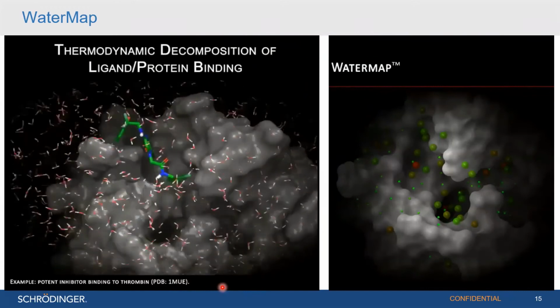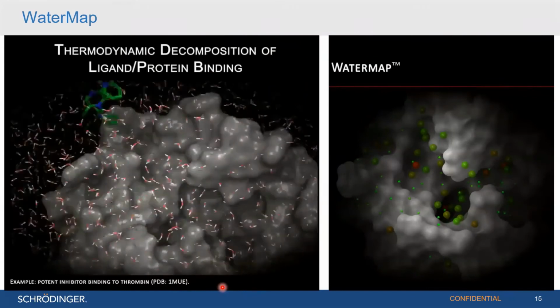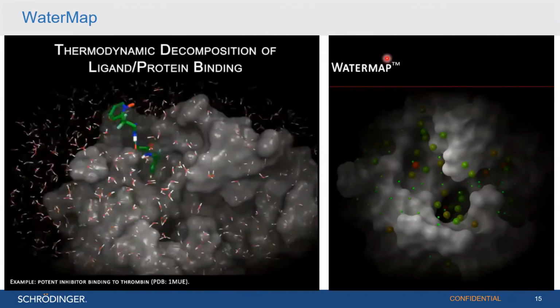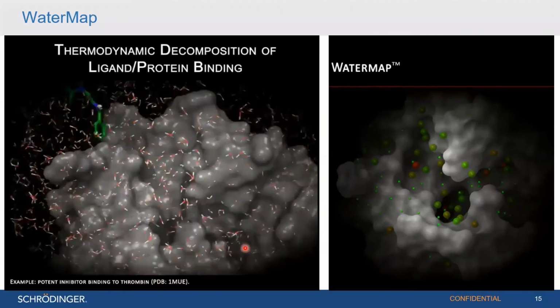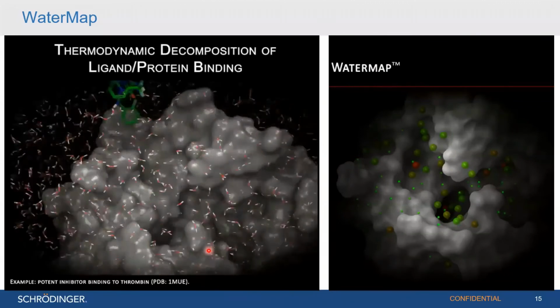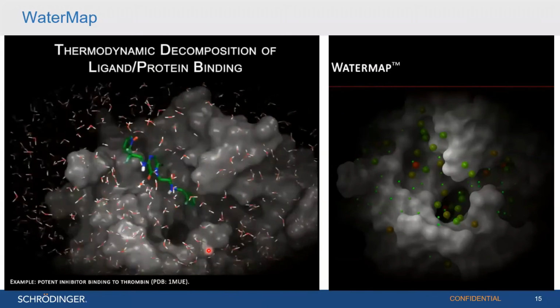Then comes the really advanced modules, and I must say this is a very popular module in industry because it is giving revolutionary results. And the module name is WaterMap. Even if you can see here, this is basically a tool which helps you understand the thermodynamics of water. Thermodynamics of water is a term we heard in plus two.